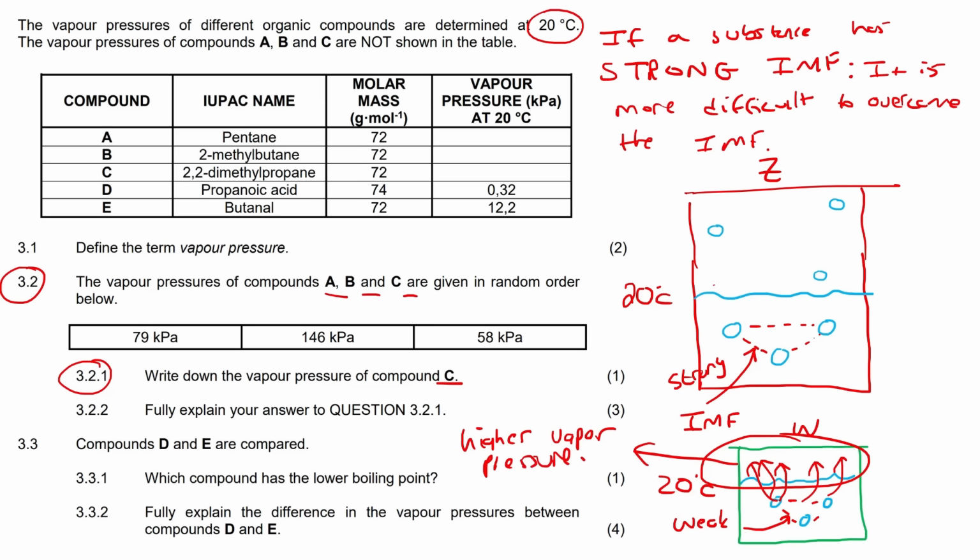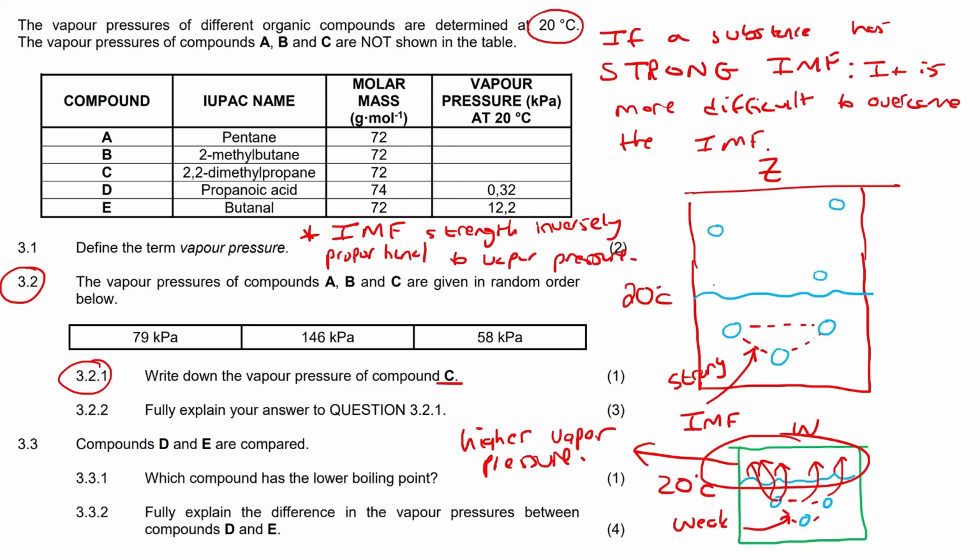So we can make a summary: intermolecular force strength is inversely proportional to vapor pressure.